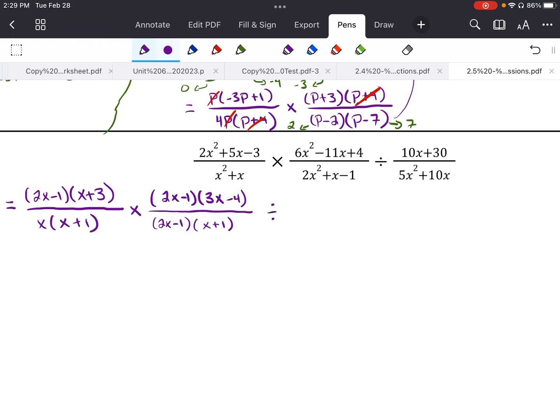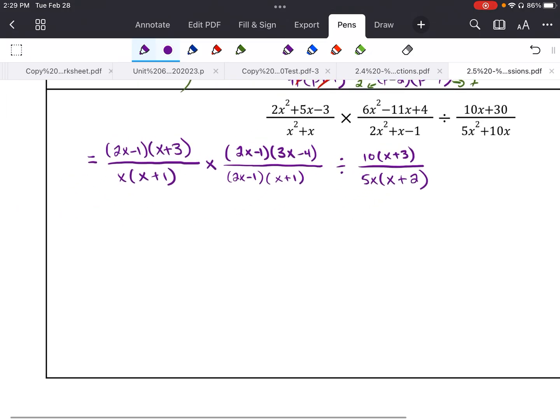And then we divide that by, take out the 10, x plus 3. Common factor out the 5x, we have x plus 2.